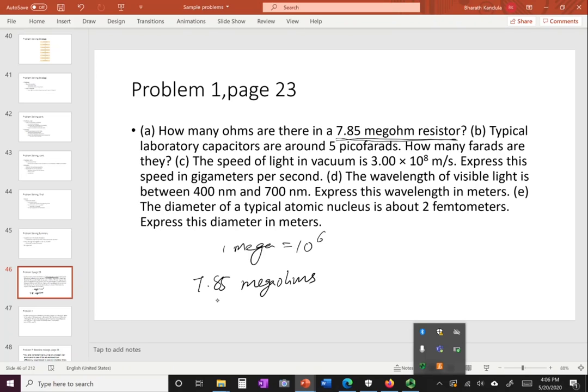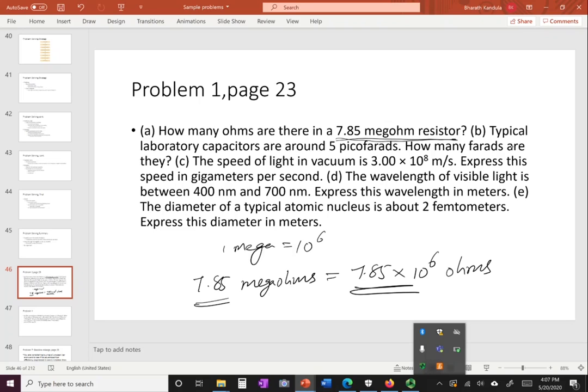So that's the unit, 7.85 is the magnitude. So this is equal to 7.85 times 10 to the power positive 6 ohms. The question asks how many ohms are there in 7.85 mega ohms. So 7.85 times 10 to the power positive 6 ohms are there in that resistor.